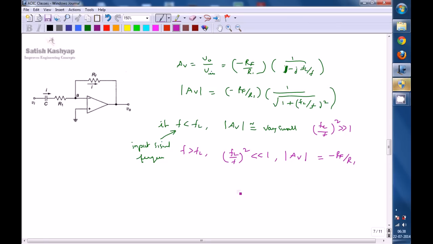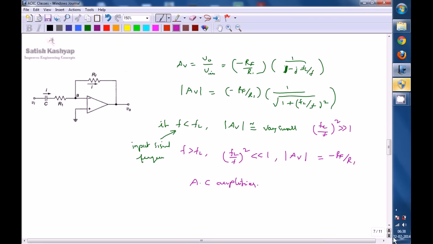So for signals greater than fL, the gain provided by this amplifier is minus Rf by R1, and for signals less than fL, the gain provided is very small, such that it acts as an AC amplifier, passing all the frequencies from fL. So this is a high pass filter, and its output you are connecting to an inverting mode op amp, so that it acts as an inverting mode AC amplifier.